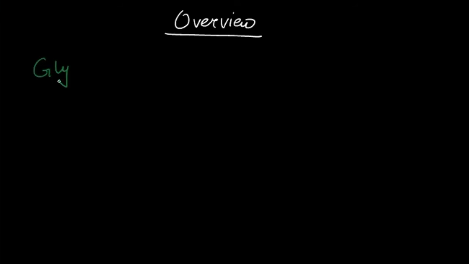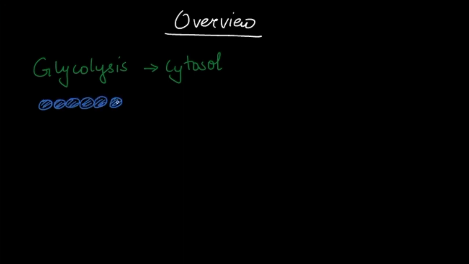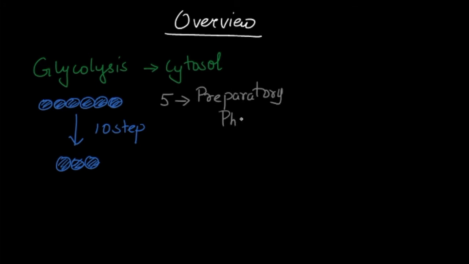All of the enzymes of glycolysis are found in the cytosol. The breakdown of the 6-carbon glucose into 2 molecules of 3-carbon pyruvate occurs in 10 steps. The first 5 steps of this pathway constitute the preparatory phase, and the other 5 steps constitute the payoff phase.